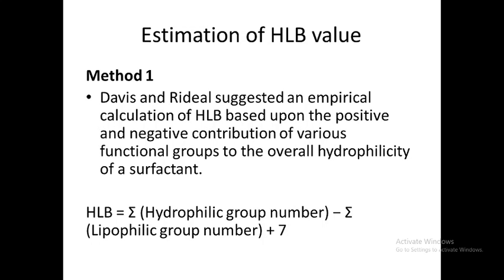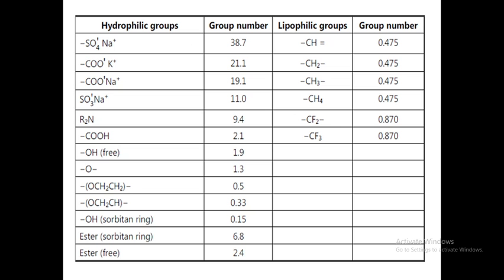For example, we will see. So these are some group numbers of various groups. Now lipophilic groups. Here the methyl group is there, then CH2. Basically these are the hydrocarbon groups, because the lipophilic tail portion of a surfactant contains the hydrocarbon chain. So hydrocarbon groups are there for the lipophilic groups, and each group has a specific number.